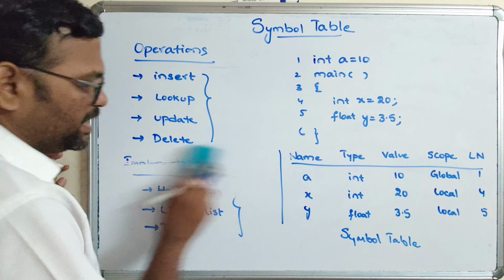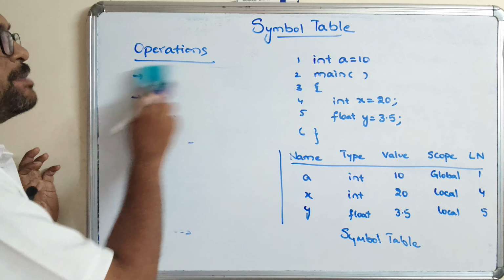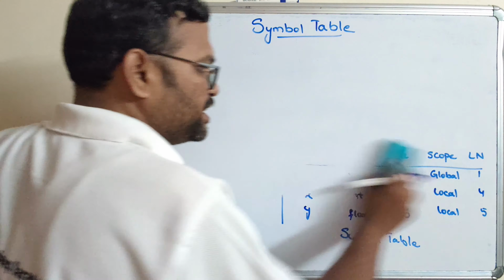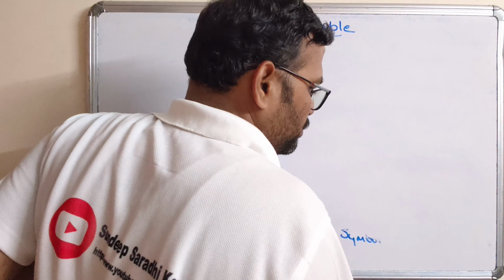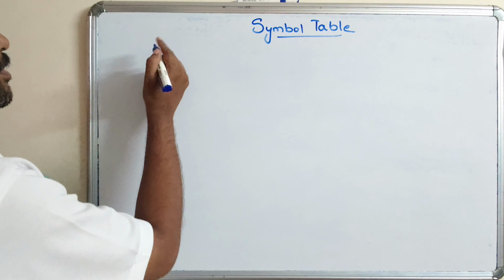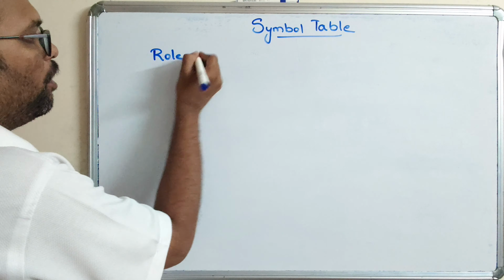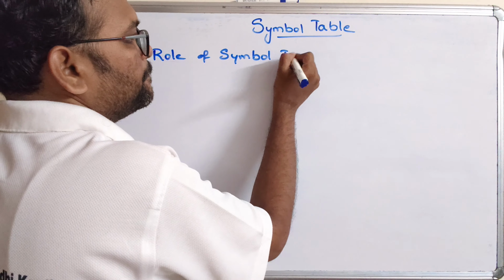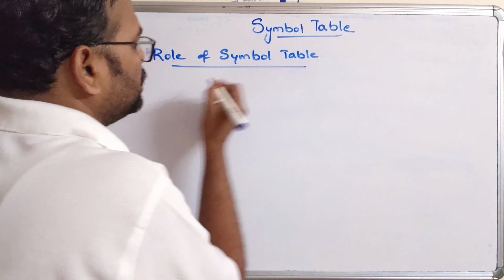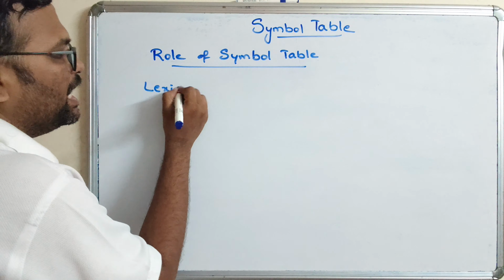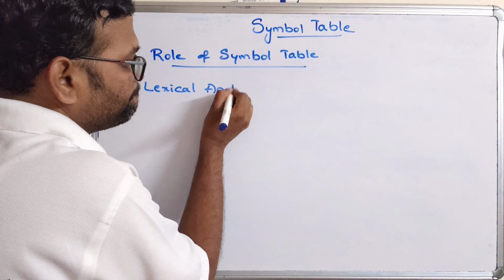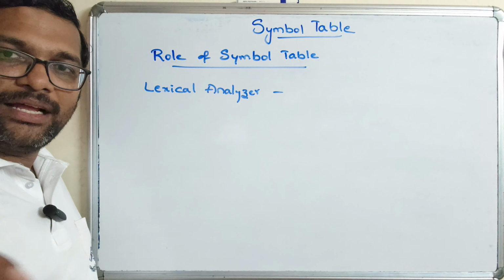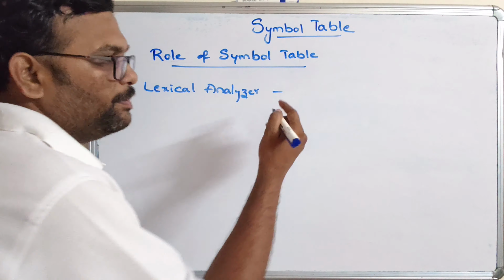Now we will see the importance of the symbol table in each and every phase. We have studied around 6 phases. So what is the role of the symbol table in each phase? What is the first phase? It is the lexical analyzer. In the lexical analyzer, the symbol table will be empty, so entries will be made.